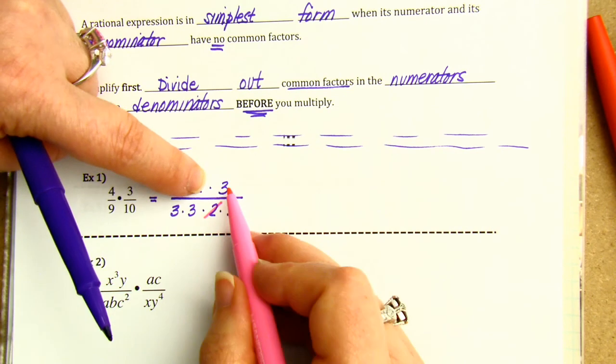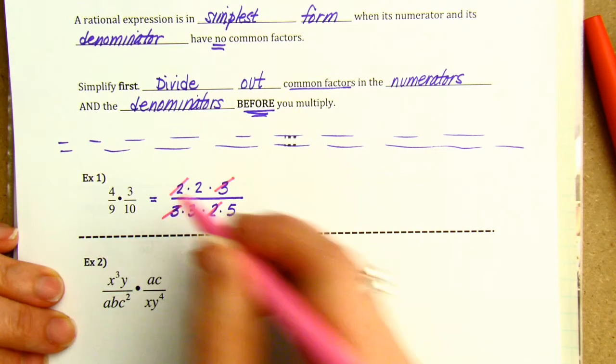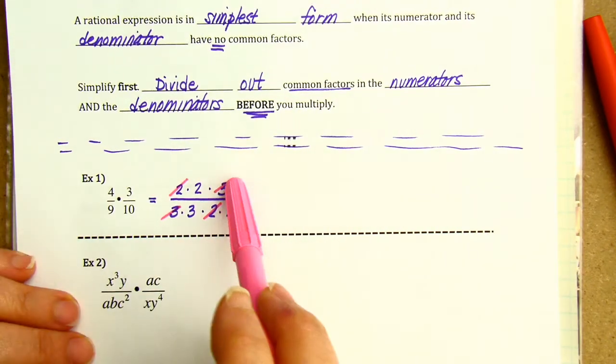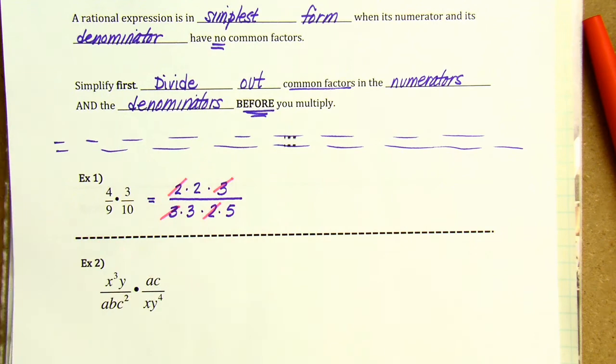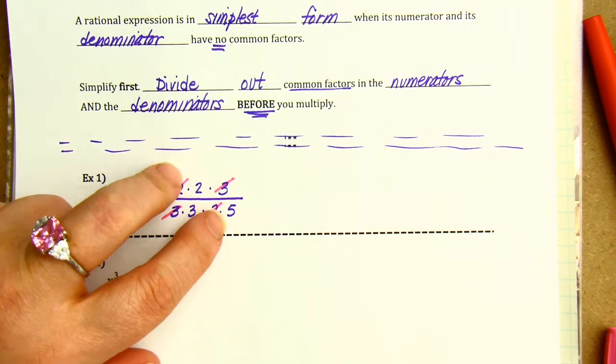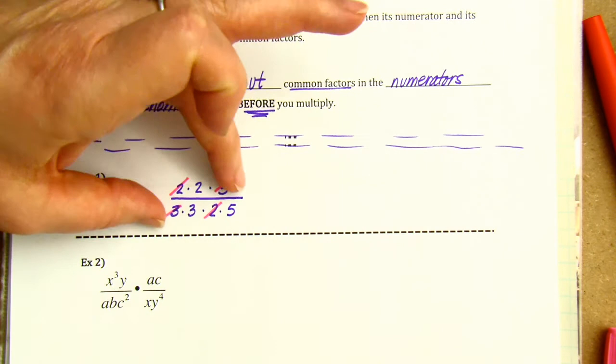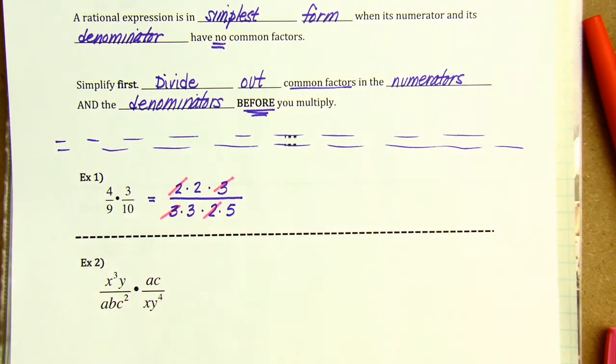Do I have a 3 in the bottom that I can kick out? Yes, that one will take that one out. Folks, you can't have one take out more than one. It's pairs, okay? Pairs, a top and a bottom. These two get divided out because 2 over 2 is 1. And these two get divided out because 3 divided by 3 is 1. Those are ones. They come out.